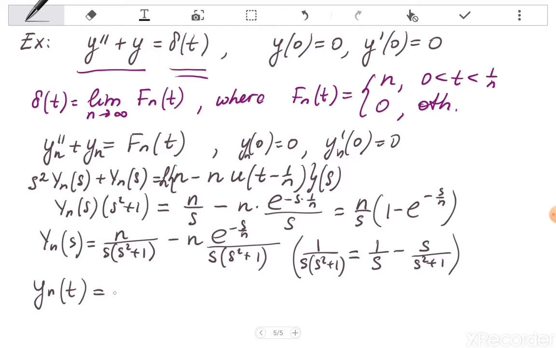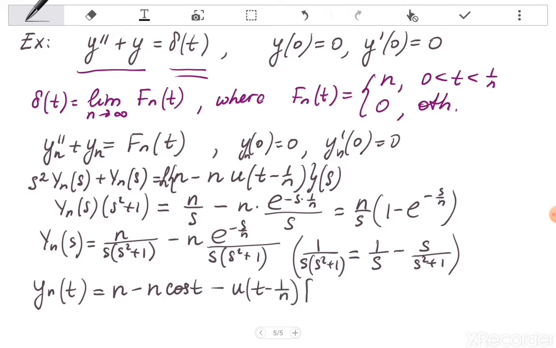What do we obtain? n times the inverse Laplace transform of 1 over s minus n times the inverse Laplace transform of s over s squared plus 1, which is cosine of t. And the same is here, but the difference is this factor e to the minus s over n, which gives us the step function u of t minus 1 over n.